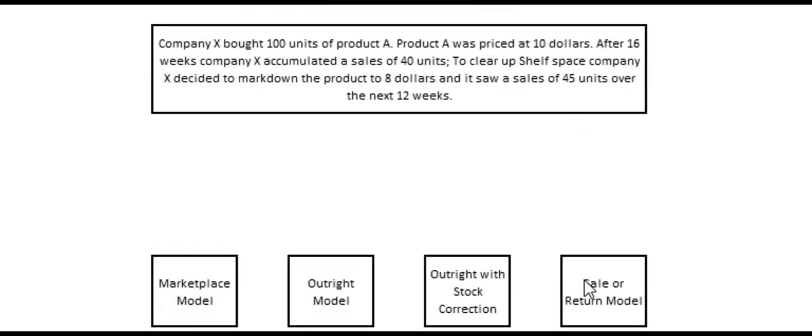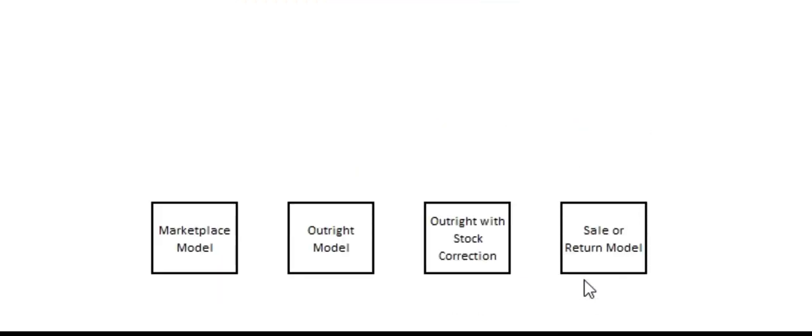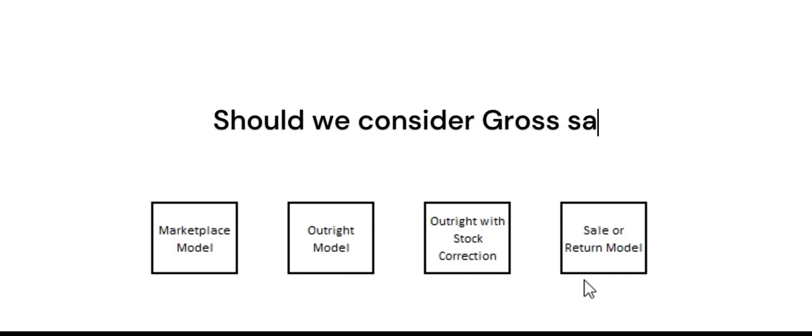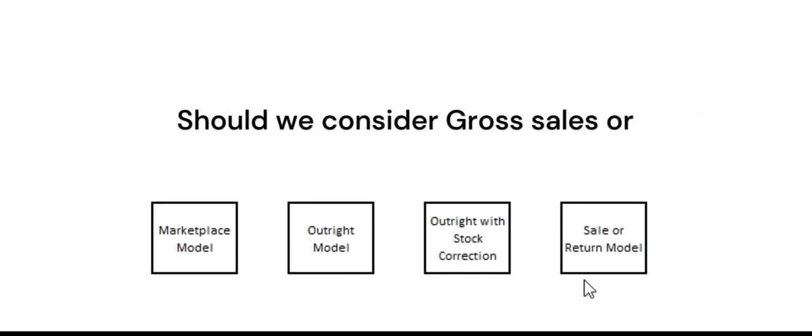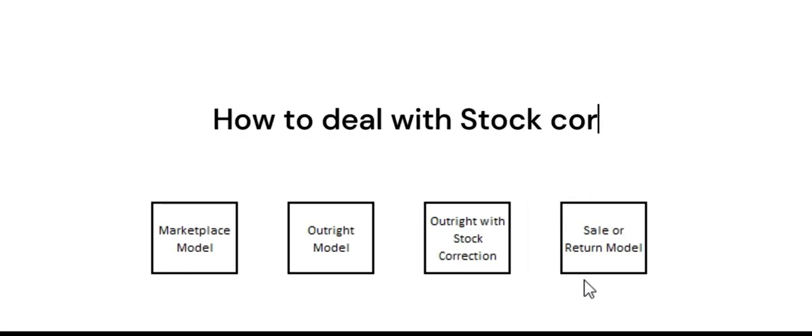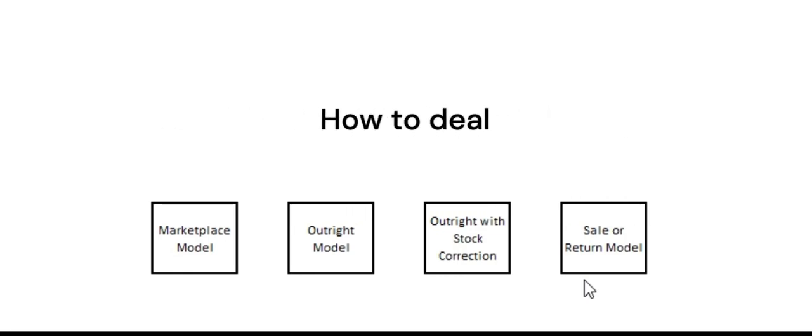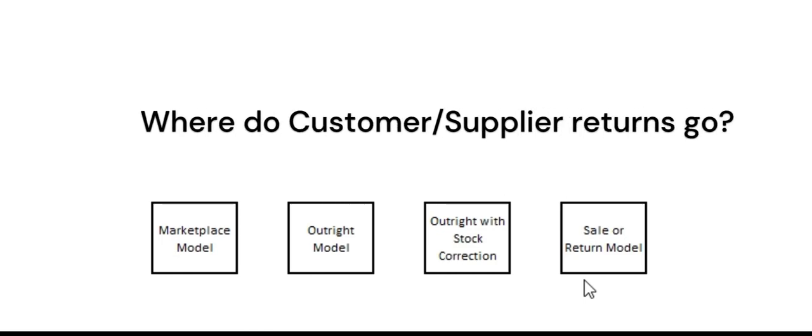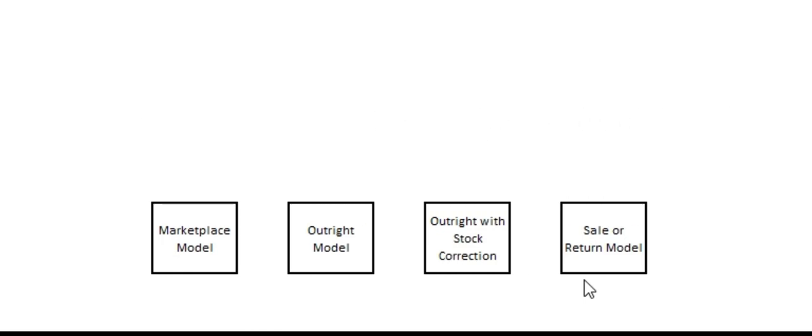Models like marketplace, outright purchases, stock correction with outright purchases, and sales or return models. Now, in each context, the sell-through calculation can be tricky because the metrics or the measures of inventory flow are not properly defined.